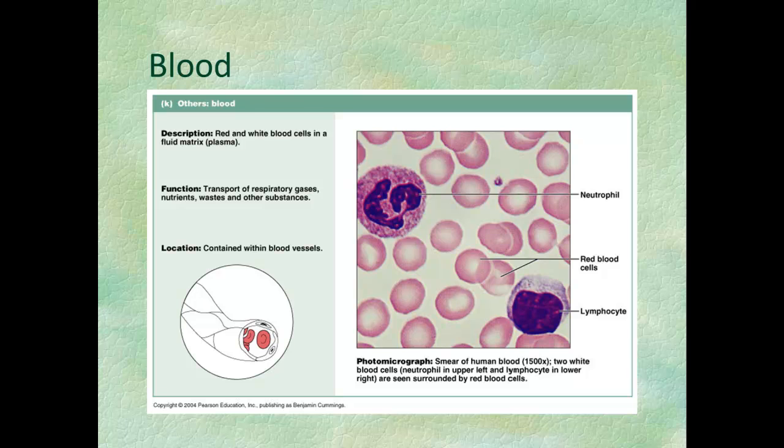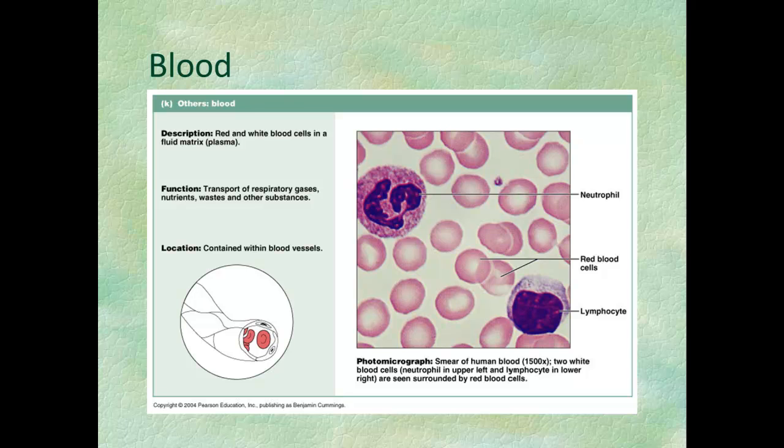And finally, we have blood. Blood is technically a connective tissue because you have the cells separated by a matrix. It just so happens that with blood, that matrix is fluid. Now, blood doesn't necessarily provide a supportive function, but it contains cells, and those cells have a number of different functions.